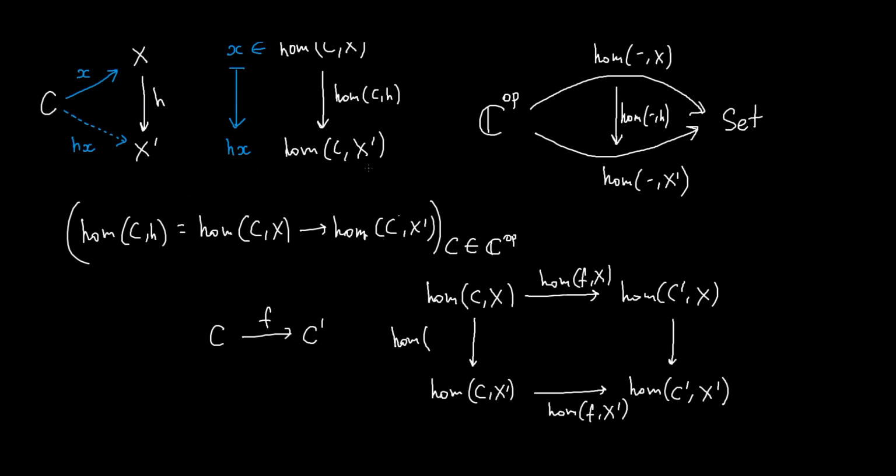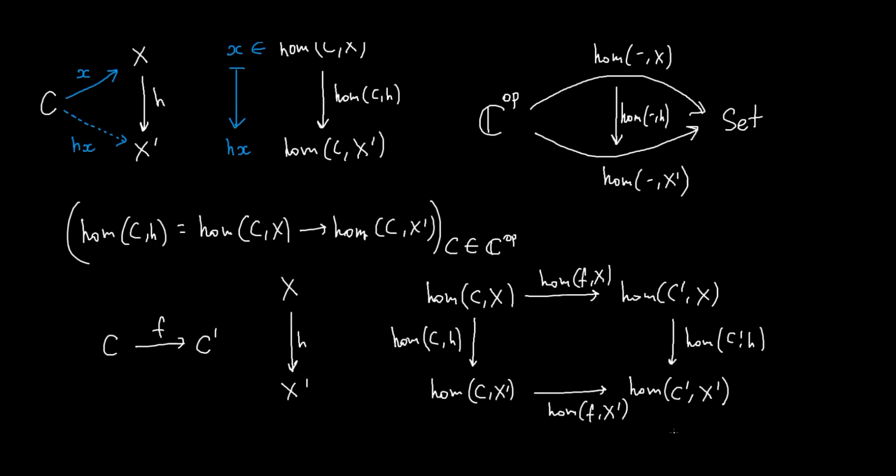So here we have this Hom CH, and there we have Hom C prime H, and that must commute for every H. So I have X and X prime here with an H. So basically what I get is that for every F and every H, this square must commute.